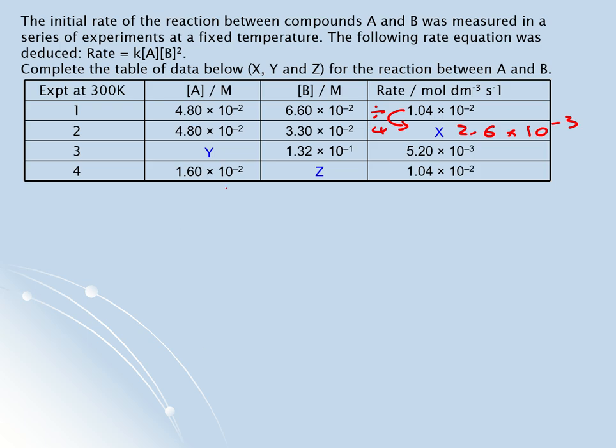Right, let's have a look at working out what y is going to be. So for y, we'll take experiment 1 and experiment 3. I don't really want to use experiment 2 in case I've somehow got that wrong, so let's just use ones where we have the data there. So rate equals A to the 1, times B to the 2. We're putting in the relative changes.